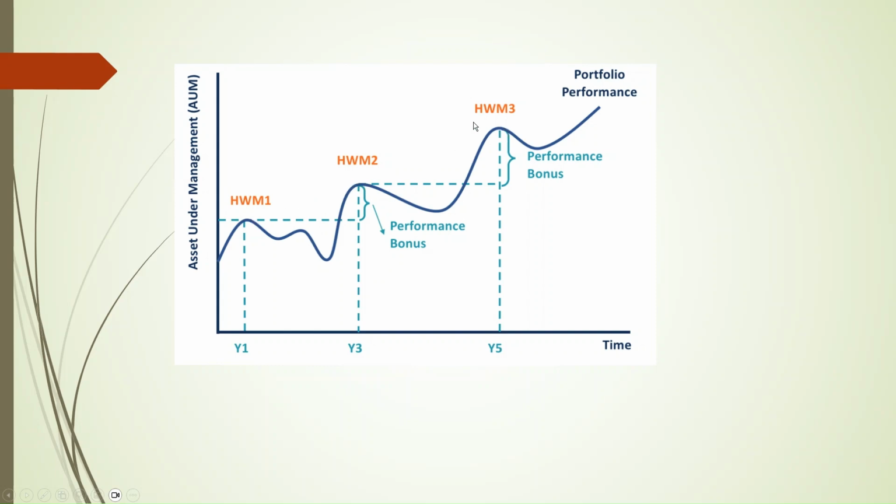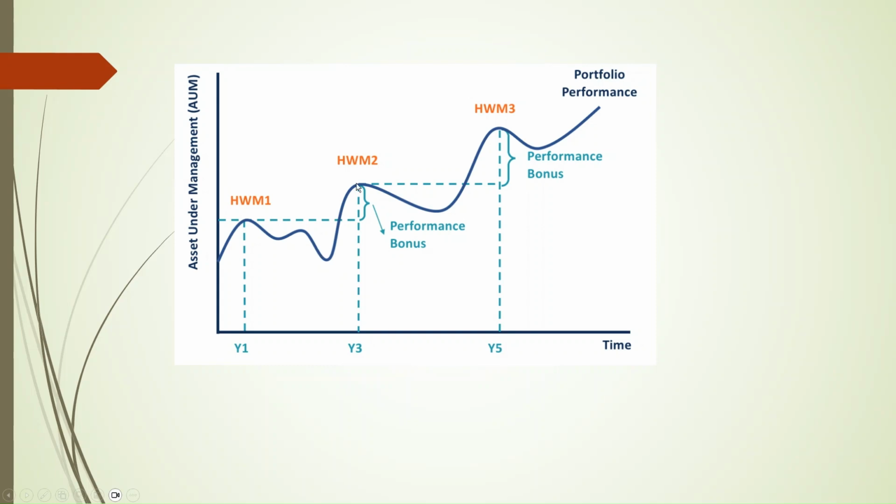So there are three high watermarks here. In order to charge performance fees, the high watermark only charges the fees when it reaches that point. So when the performance is poor and the fund does not reach the high watermark, there's no performance fee here.